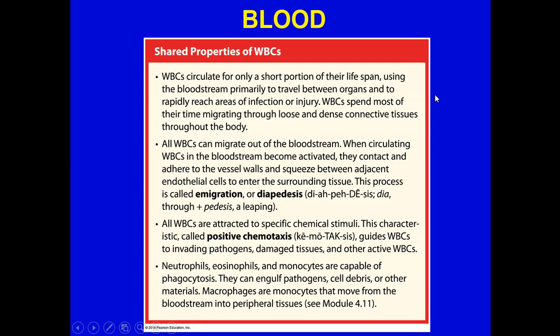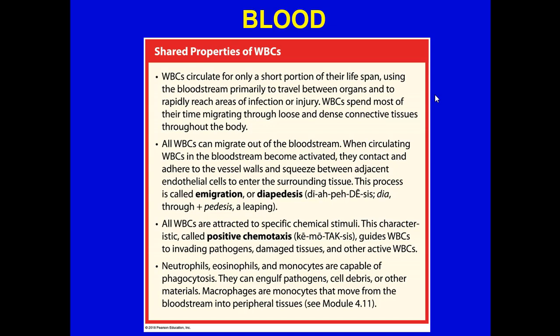There are some shared properties of WBCs that I want you to be aware of. Now, all WBCs can migrate out of the bloodstream. Okay? Basically, WBCs circulate for only a short portion of their lifespan. They will be using the bloodstream primarily to travel between organs and to rapidly reach areas of infection or injury.